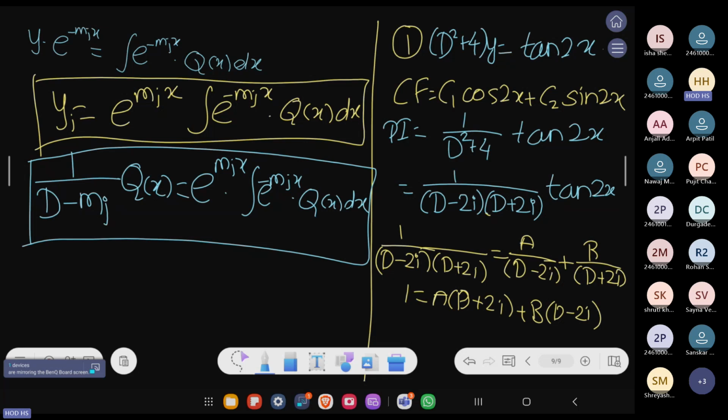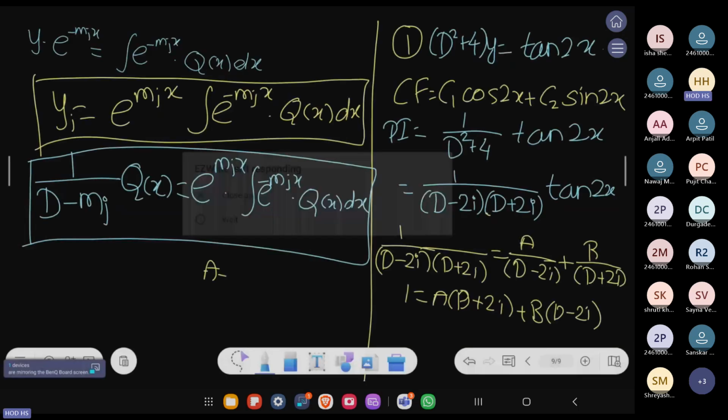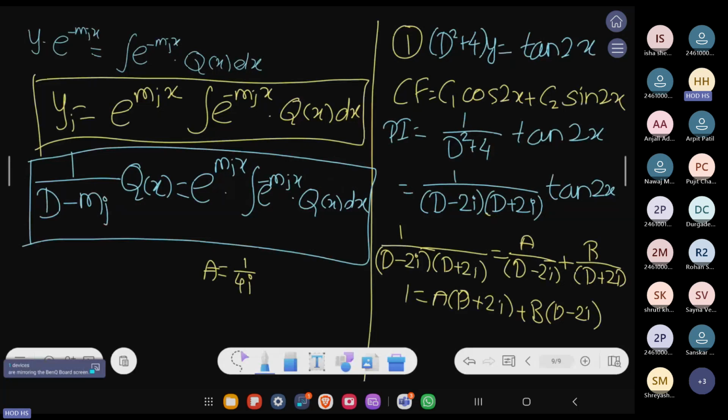By a certain calculation I will get A. I need to remove B, so I need to substitute D as 2i. So A will be 1 by 4i. Instead of D, substitute 2i. And what will be the value of B? I need to remove A, so instead of D, I need to substitute minus 2i. If I substitute minus 2i here, this will be minus 2i minus 2i, which is minus 4i, and it will come in the denominator. So it will be minus 1 by 4i.